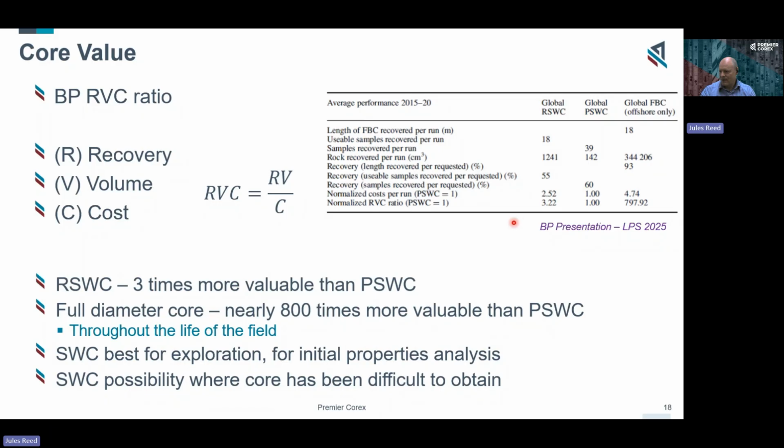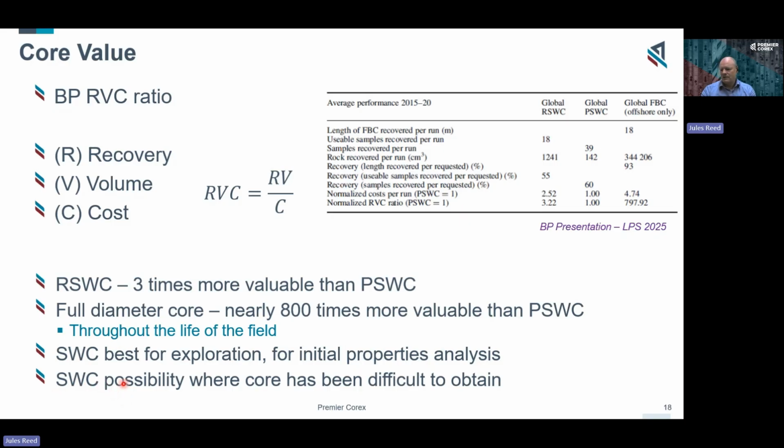But core itself, they reckoned to be nearly 800 times more valuable than percussion sidewall cores, and available throughout the life of the field. So sidewall cores were best for exploration, or where you have no information, and for understanding initial properties and gaining a quick understanding of the properties of a system and the field and rock types.